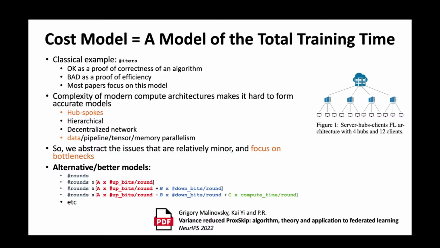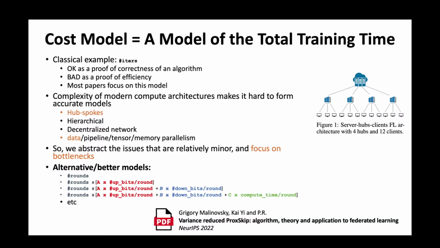And everything else is fast. There's lots of memory everywhere. There are super fast computers. The compute time everywhere you can ignore. Let's say you have this kind of a setup. Then you may want to be counting the number of rounds multiplied by the number of bits pushed to the server, or to the hub. And you don't count any compute, any aggregation time, nothing else.